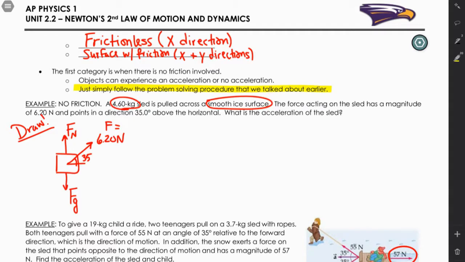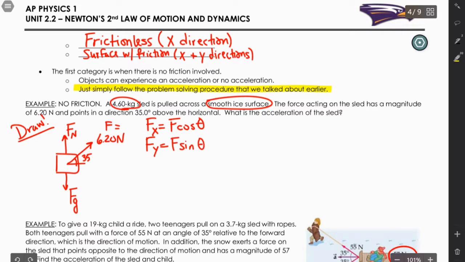Now, I mentioned that with a frictionless surface you will ignore the y direction, and this is the case. So what you would have to do is break that force vector into components. You would say Fx equals F cosine theta, and Fy equals F sine theta.